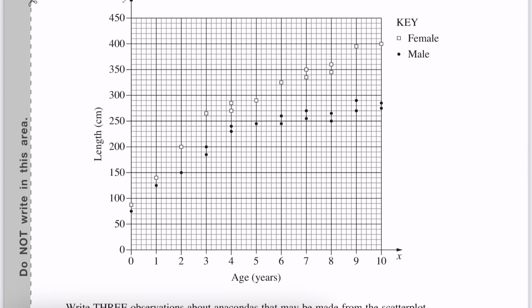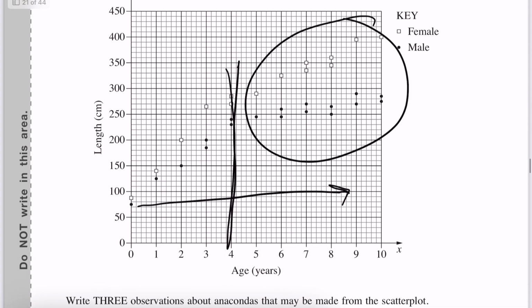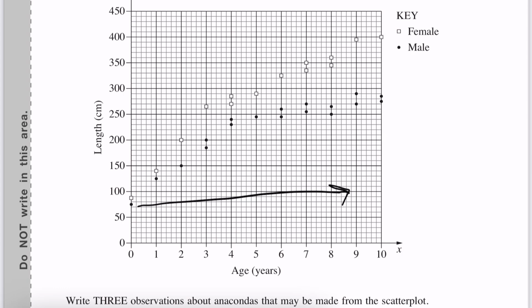Well, one really easy observation to make is that the length of snakes increases as they get older, okay? That's a very easy observation. And even after they hit maturity, which the question specified was at 4 years, they still grow. They still get longer, okay?